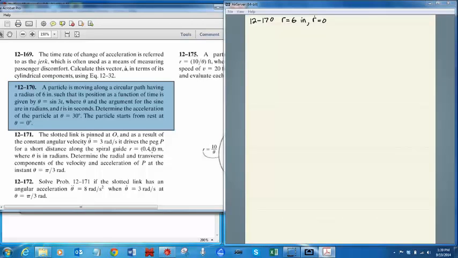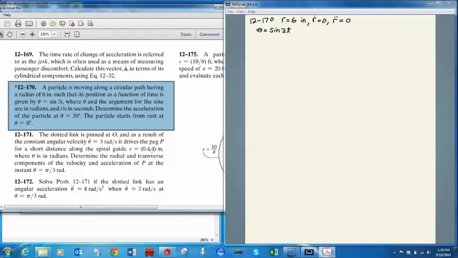If r dot is 0 all the time, then r double dot will also be 0. The next thing I know is that theta, in radians, is equal to the sine of 3t, and the 3 would be in radians per second.